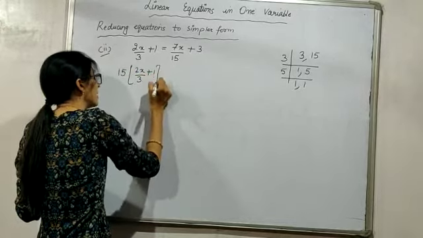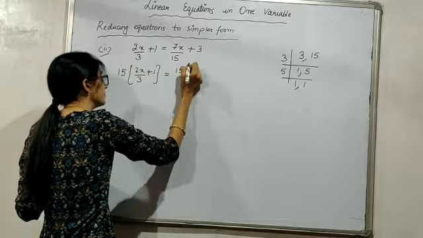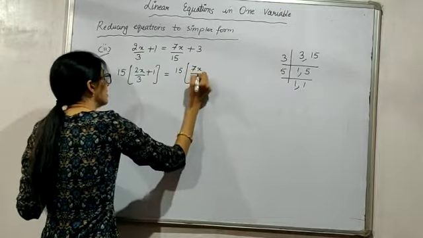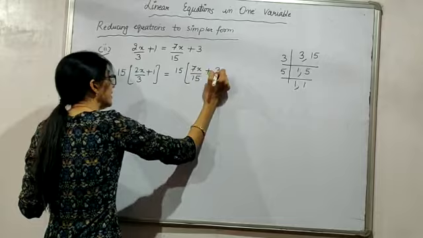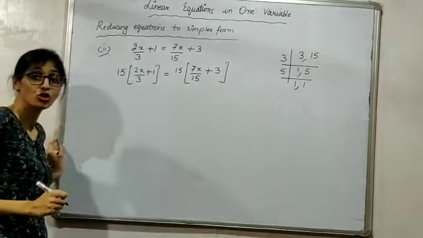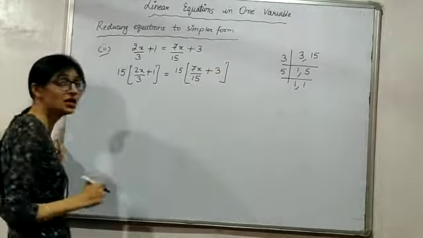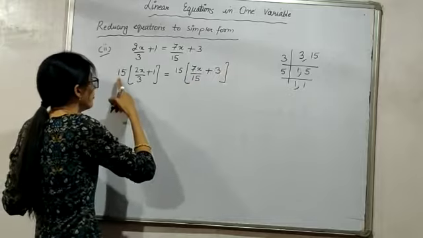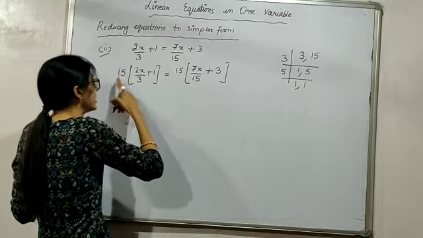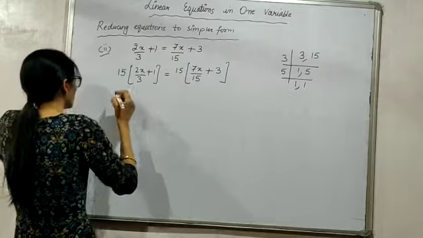Keep the rest of the part in brackets so that your solution comes out correct and there will be no difficulty while solving the question. Now 15 is multiplied by this number, then 15 is multiplied by the other number.